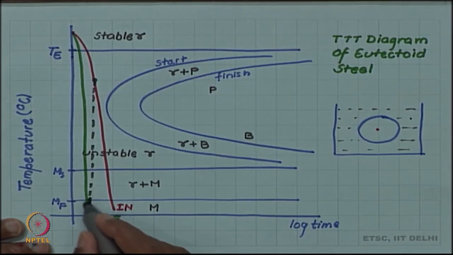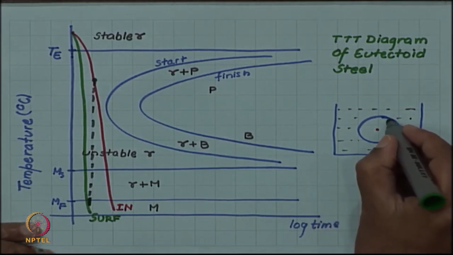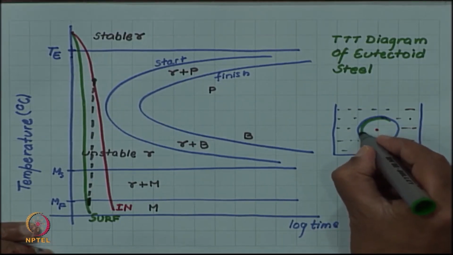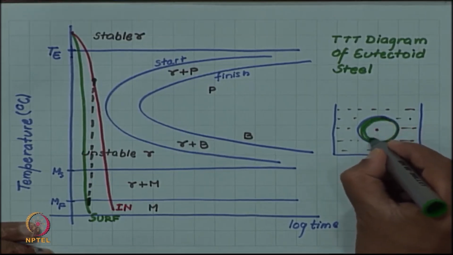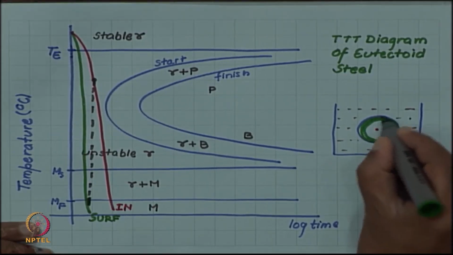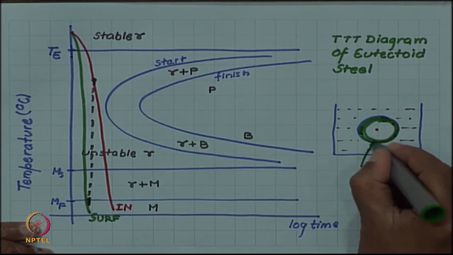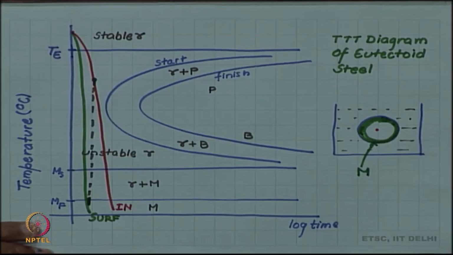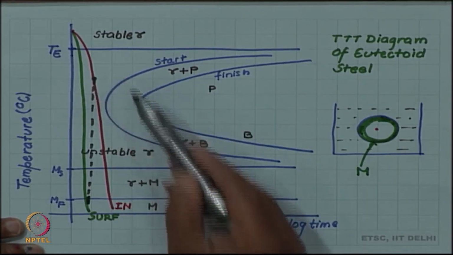So, the surface has dropped below MF temperature and has formed martensite. Surface can form martensite, but inside is still warm and is still austenite.